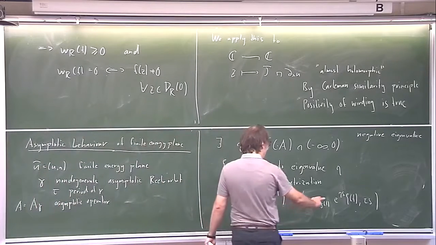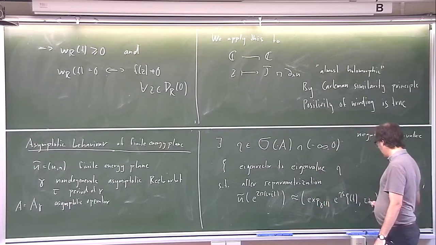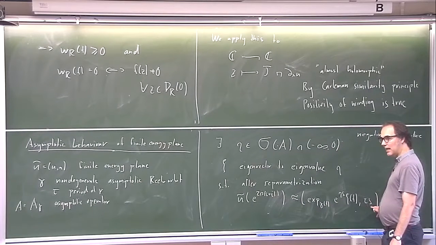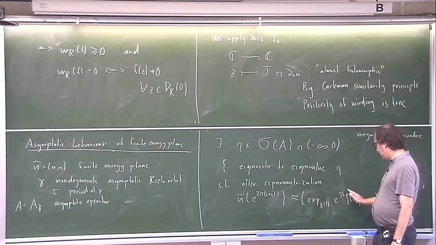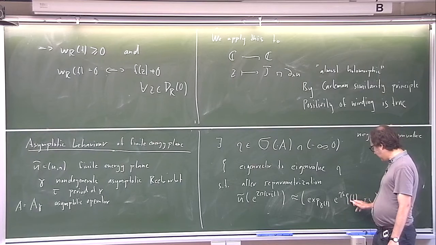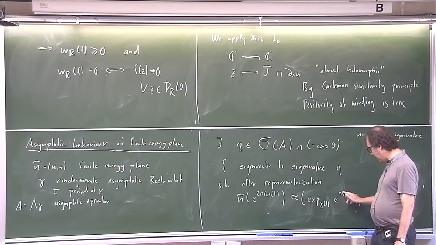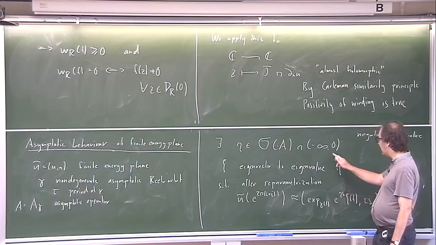So the a-component asymptotically goes like τs, τ the period, and the u-component goes basically like this eigenvector, which decays exponentially, because η is negative.